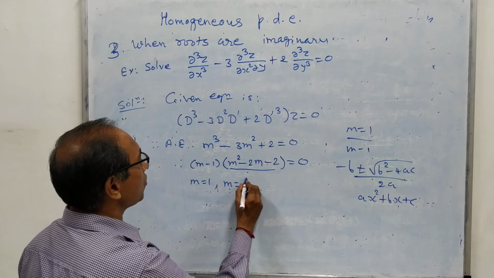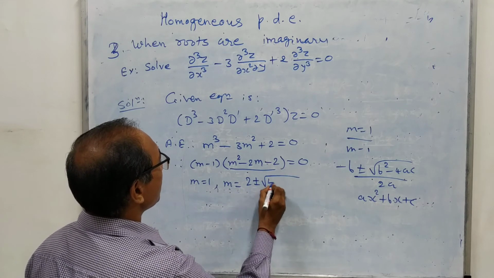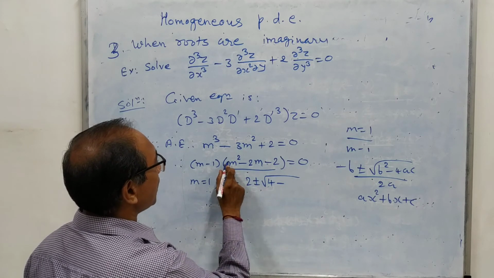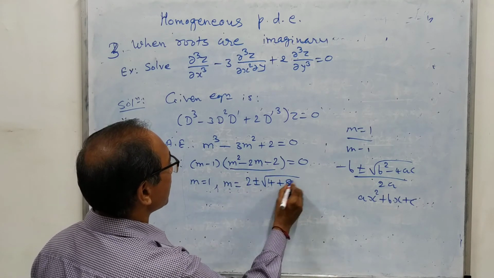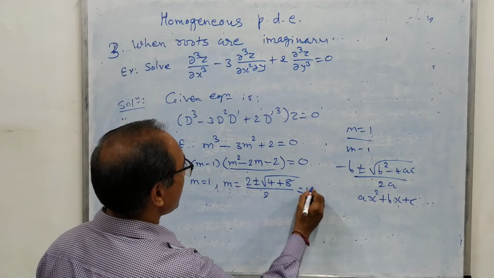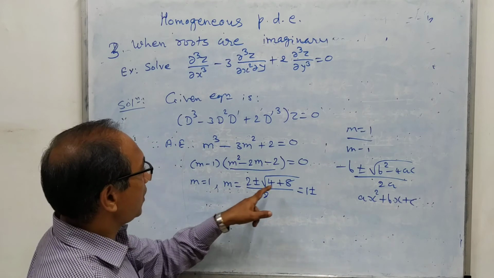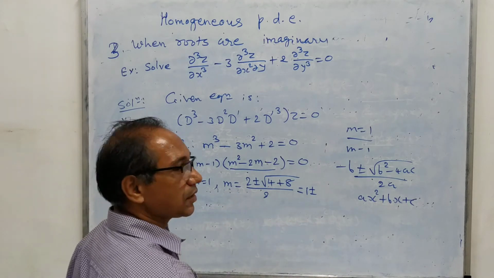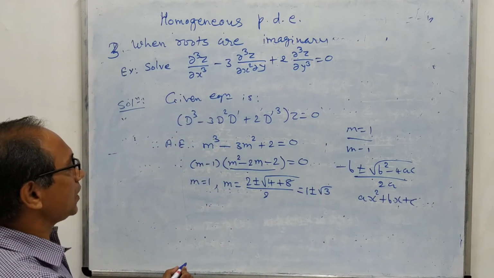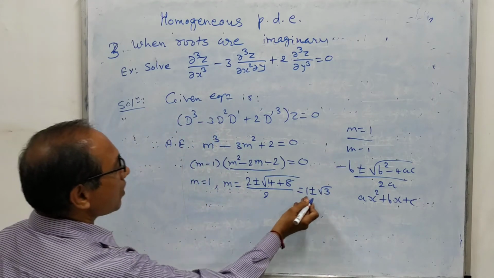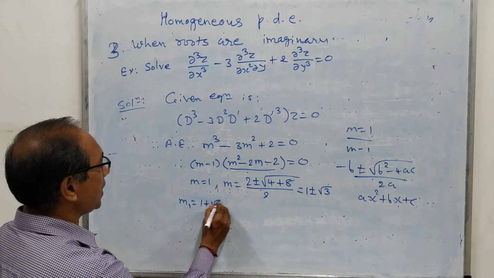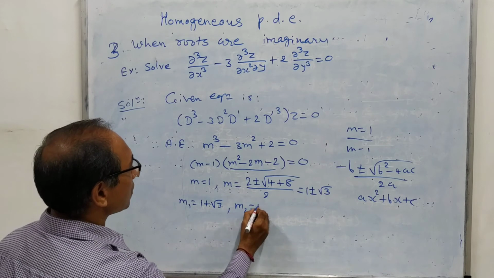So minus b means 2, plus or minus root of b² which is 4, minus 4ac, where a is 1 and c is −2, so plus 8, divided by 2a. 2 into 1, so the 2 will cancel, and it becomes 1 plus or minus root of 12, that is 2√3, and 2 cancels again. So 1 ± √3. This is not imaginary; you can see it is a real root. That means m1 = 1 + √3 and m2 = 1 − √3.